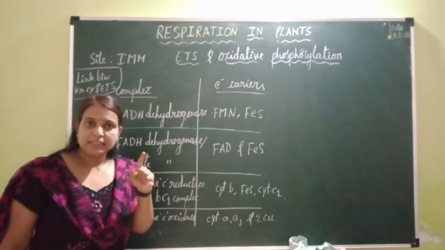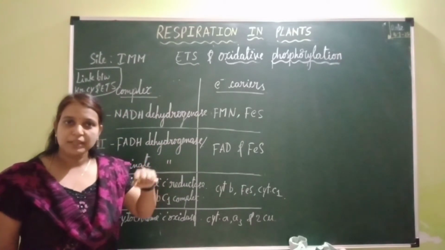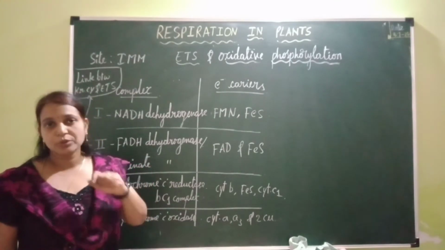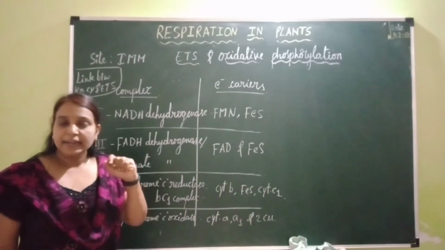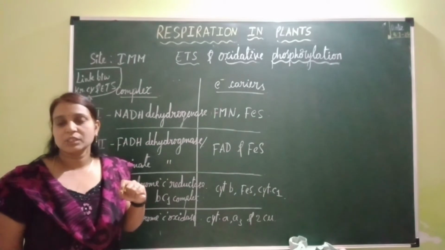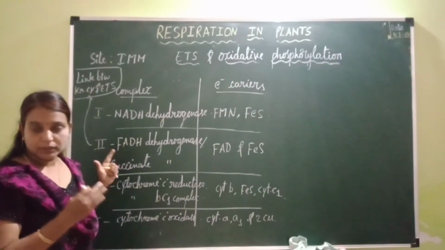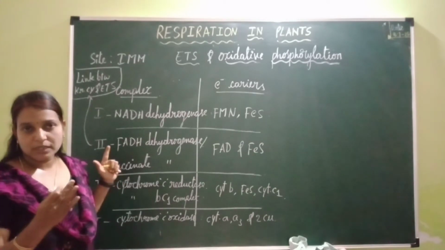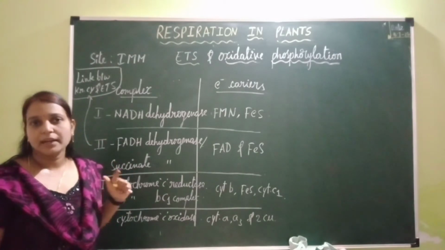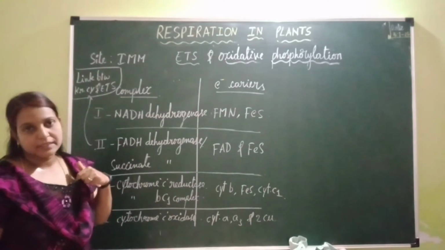The F0 particle provides a transmembrane channel for the transport of protons from the intermembrane space towards the matrix, whereas the F1 particle is the headpiece which protrudes towards the matrix, and it has the catalytic site required for the synthesis of ATP from ADP and inorganic phosphate. So totally 5 complexes are associated with the inner mitochondrial membrane. Among these, the first 4 are involved in electron transport, whereas the 5th is involved in ATP synthesis.